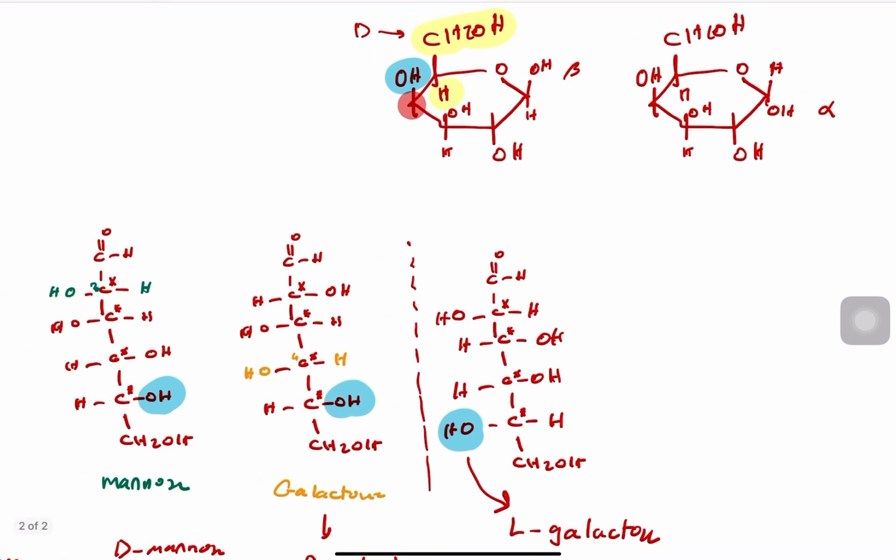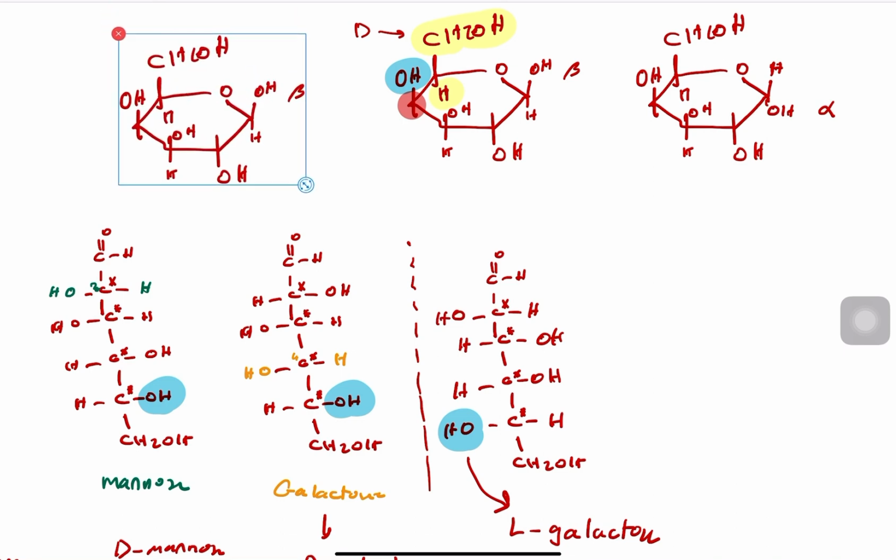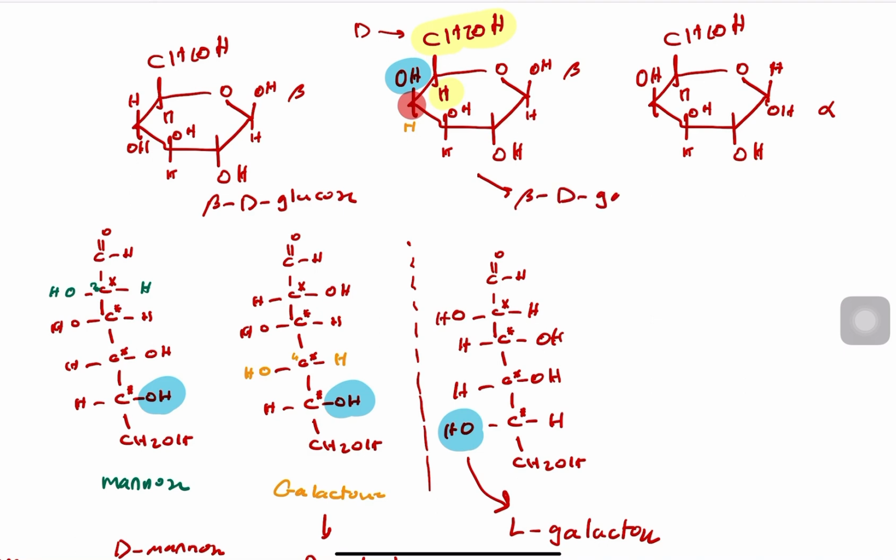Then, if I draw the same molecule here, but I just change the position of the hydrogen and OH, it will be beta D glucose. But here is the beta D galactose.